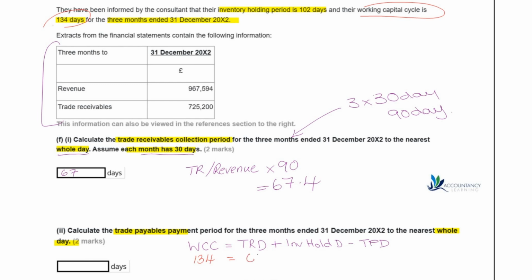We've got 67 days for our trade receivables from the first part of this question. Inventory holding, we're told at the top in the question, is 102 days. And we need to work out our trade payables days. So now we can rearrange this formula to make the trade payables days equal 67 plus 102 minus 134, which gives us 35 days. And that brings us to the end of task 4.